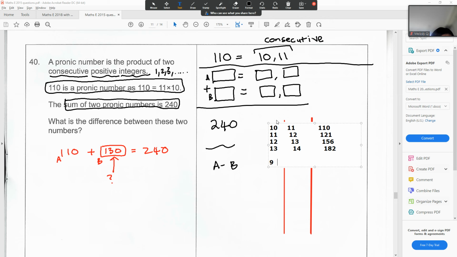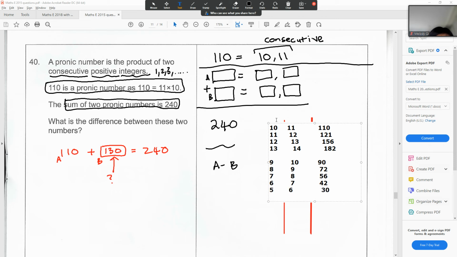All right, so let's go 9. 9 times 10 gets me 90. These are consecutive numbers, right? 8, 9. And I'm doing this in a test pretty fast. I'm just brainstorming this. 7 and 8 gets me 56. 6 and 7 gets me 42. 5 and 6, consecutive numbers multiplied, become pronic numbers.